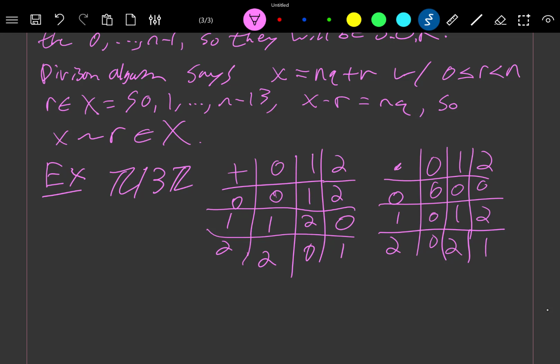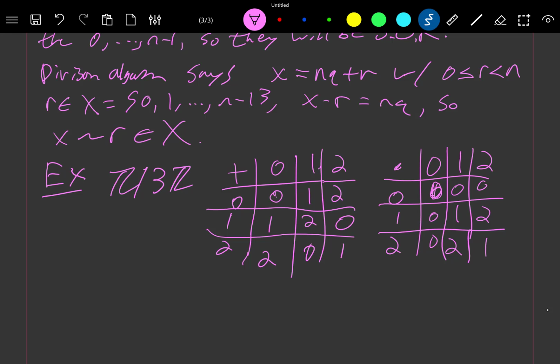The way you do this is, for example, 1 plus 1: since this is a system of representatives, 1 plus 1 is 2, so we get 2. But 2 plus 2 is 4, and modulo 3 it is 1. That is, when we take the remainder when divided by 3, we get 1, because that's an element of our system of distinct representatives.